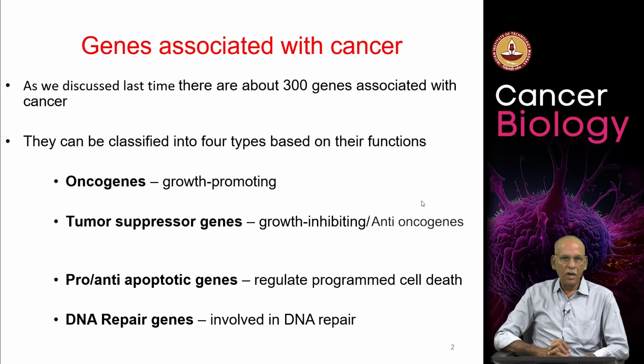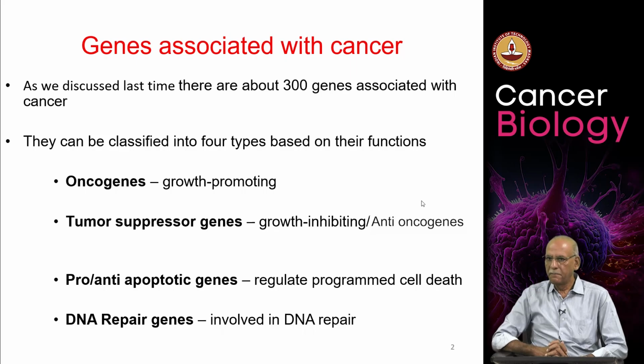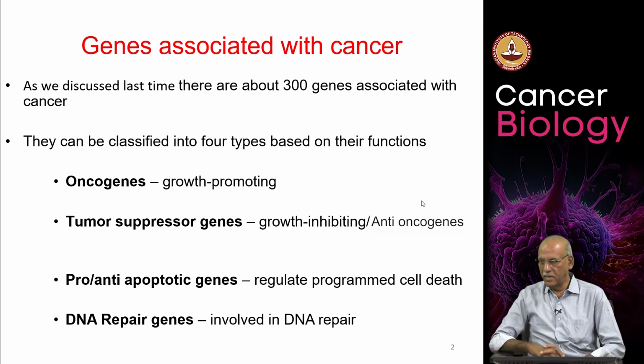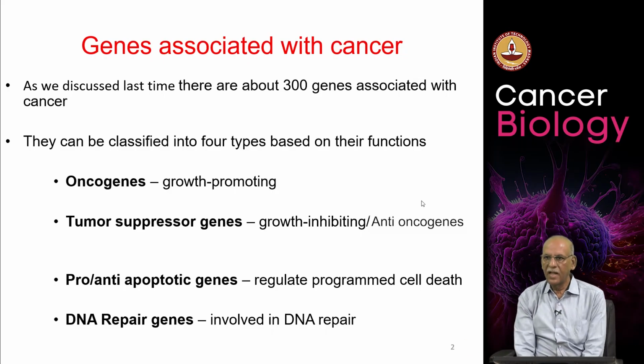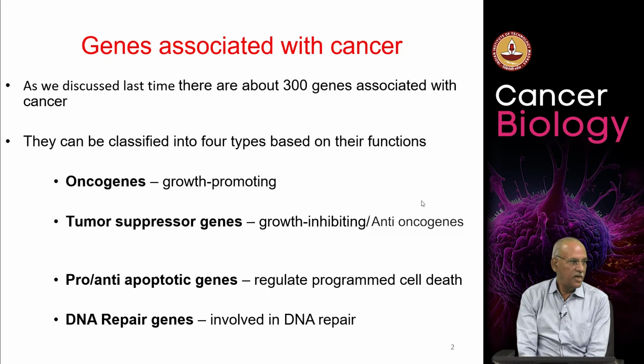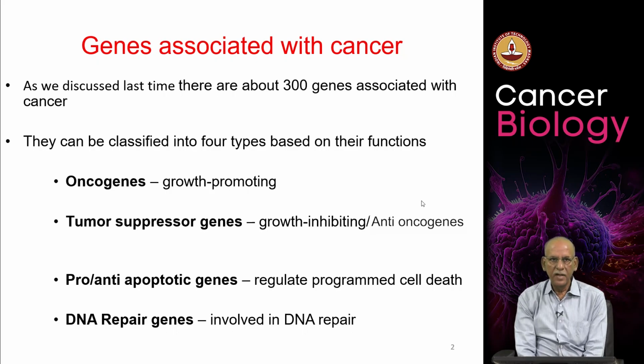Oncogenes. Oncogenes are growth promoting genes. Actually, they hail from what are called proto-oncogenes, about which I will talk shortly. Then, as I told you, if something is growth promoting, something else will be growth inhibiting, and these are the tumor suppressor genes.